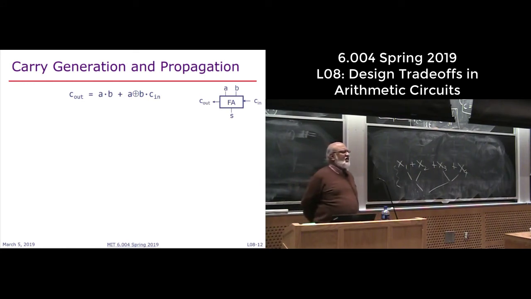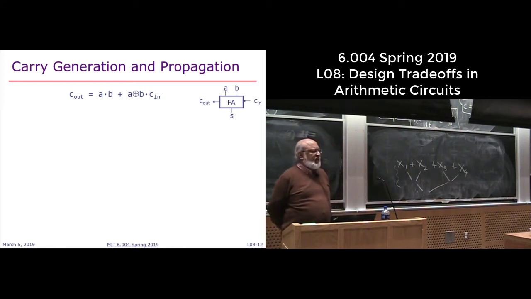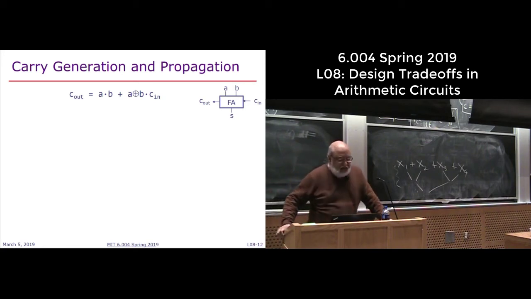Now comes the next idea which you have to understand for carry-lookahead adders. And that is the idea of generation of a carry and propagation of a carry. So now I'm focusing simply on the carry signal, right? If you see what is in the carry signal, it's A dot B, and the other part is A exclusive OR with B dot C in.